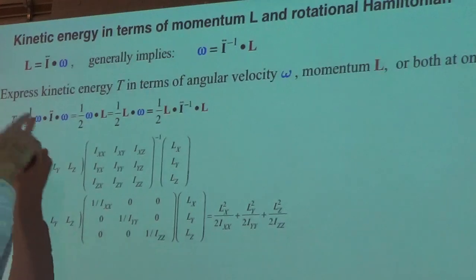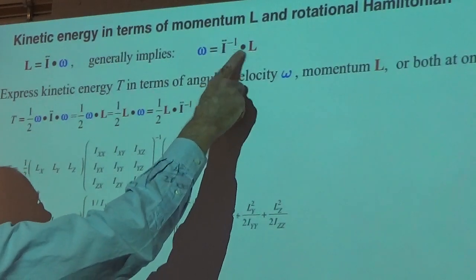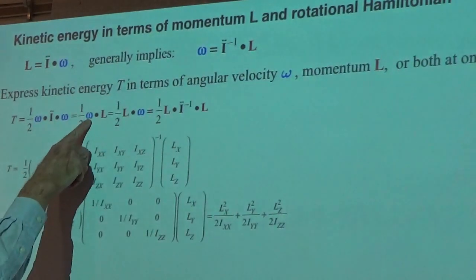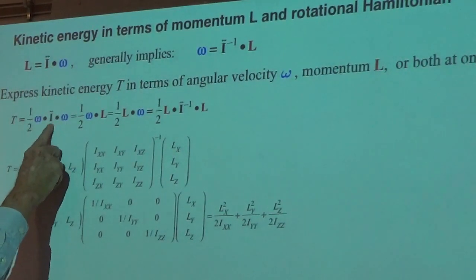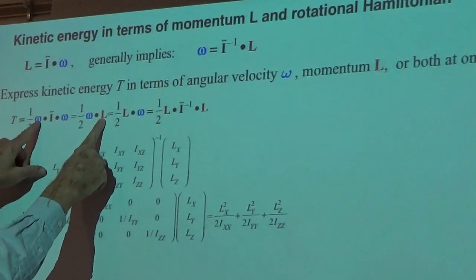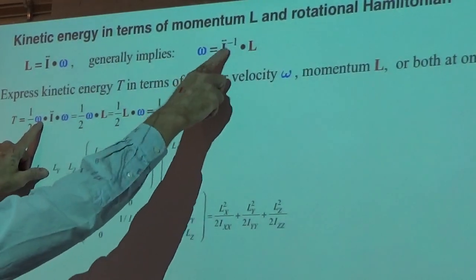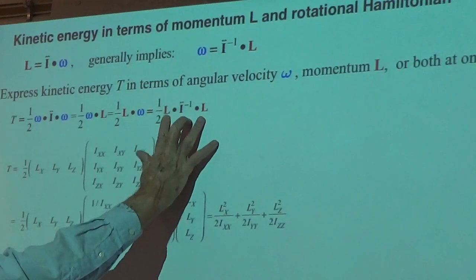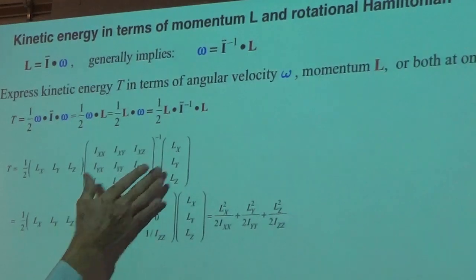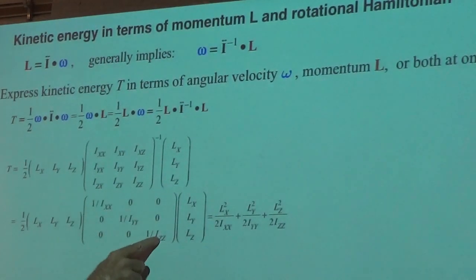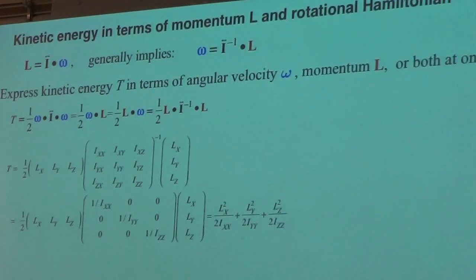All you have to do is take your kinetic energy with the omegas and put in L for I dot omega, and then omega itself is the inverse inertia tensor, I inverse, times L. You're going to get a quadratic form involving the inverse of the inertia tensor, which if you're in the right frame is simply 1 over the principal inertia values. So there's the expression in Hamiltonian form now.